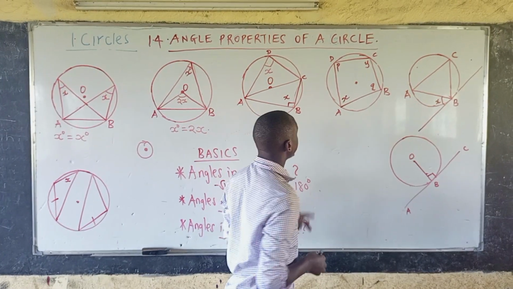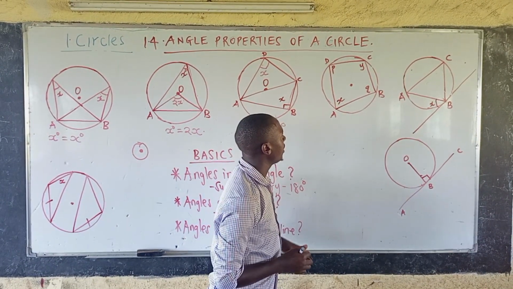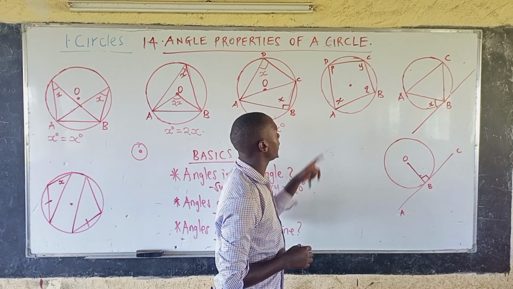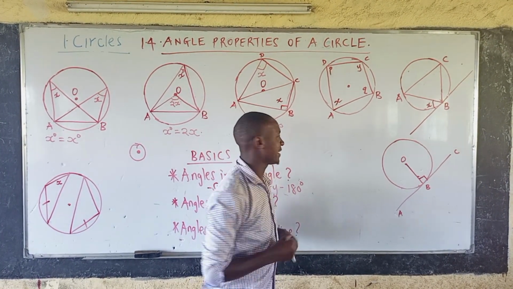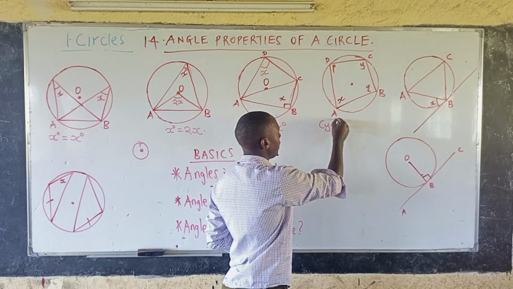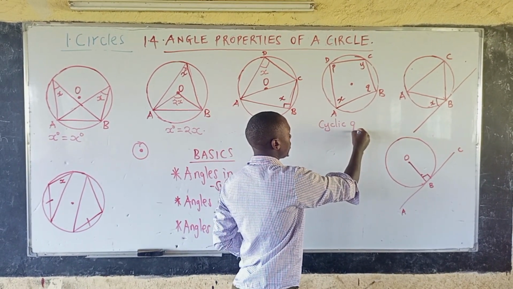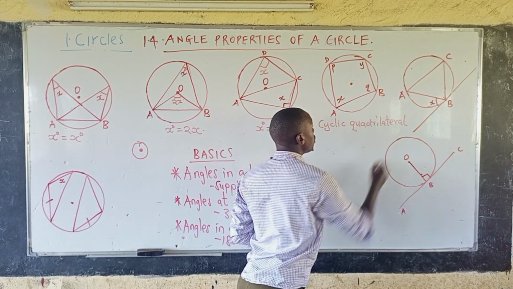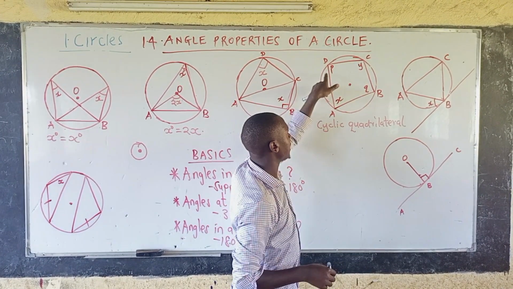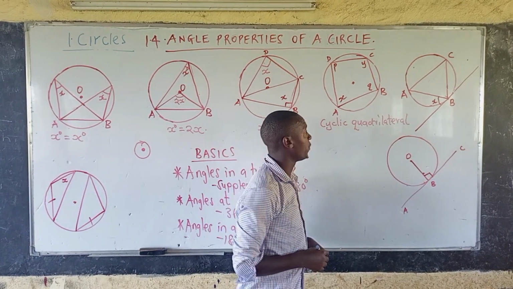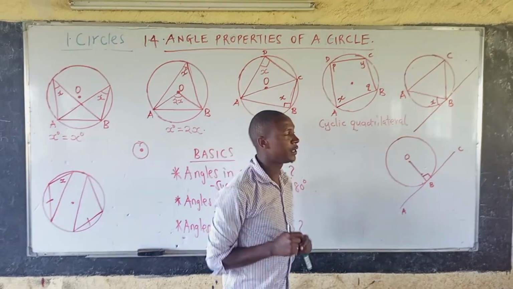In the fourth case, we have a diagram. This diagram is a quadrilateral, and of course we call it a cyclic quadrilateral, because it touches the circle at 4 points. All 4 points touch the circumference of the circle. So what do we know about that?